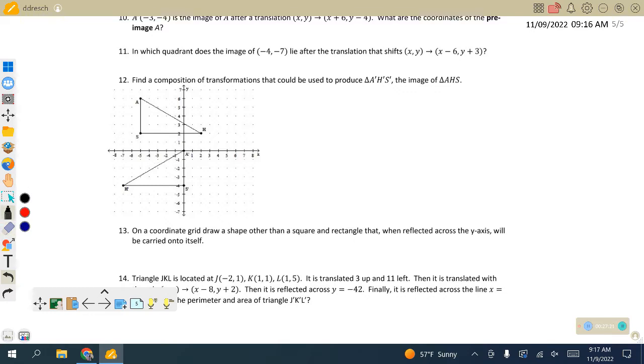If I reflect this over the y-axis, then I end up with an orientation that looks more like that, right? Closer to what we want, right? So that's where I'm going to start. If you did the x-axis, I'm not saying it's wrong, okay? But you're going to end up with something that looks more like that. It doesn't really help us out a lot. But I'm going to take that reflection over the y-axis.